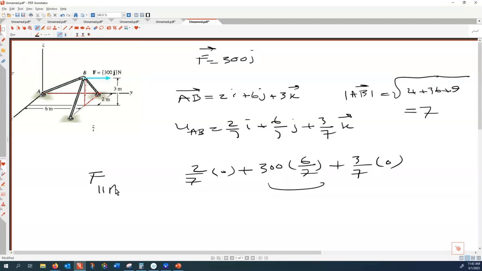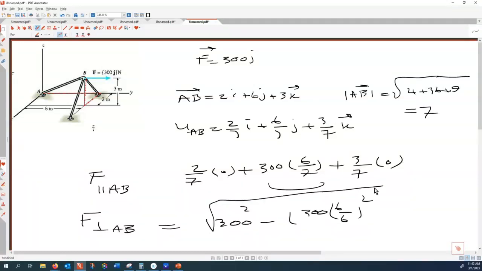This is F parallel to AB. So how do you find F normal to AB? That is the square root of 300 squared minus that 1800 over 7 squared.